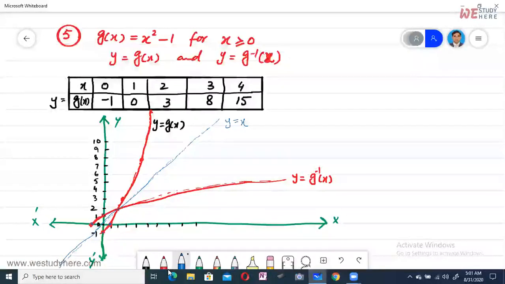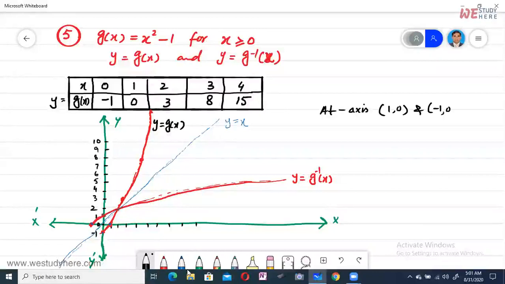On the x-axis the points are 1, 0 and minus 1, 0, and on the y-axis the points are 0, minus 1 and 0, 1. These are the points.